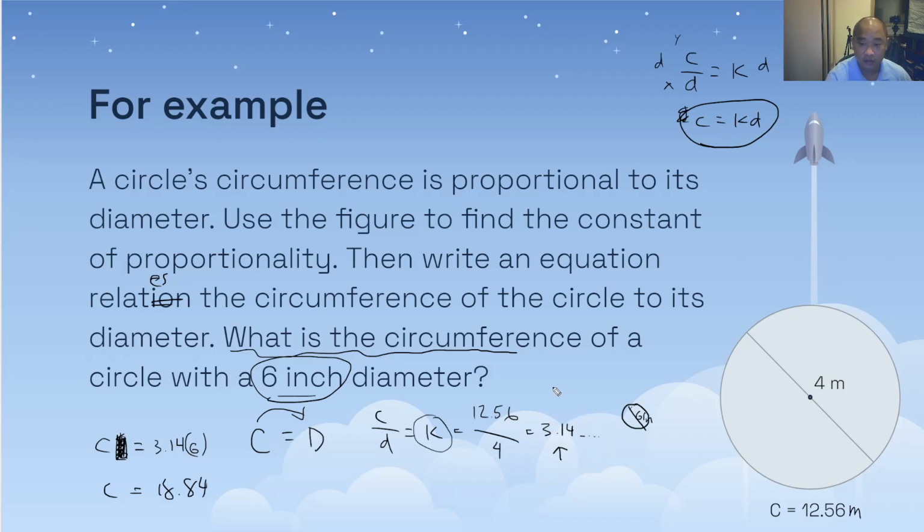This is our K. And we're multiplying that by our new diameter. And so if we had any diameter, we could just multiply that by our constant of proportionality, which is pi, and we would find the circumference. Okay.